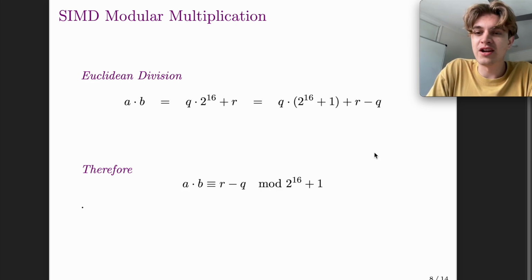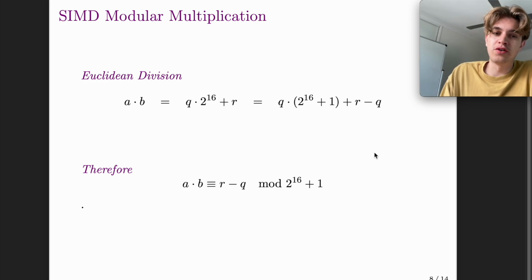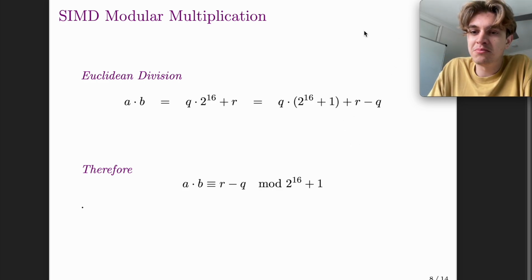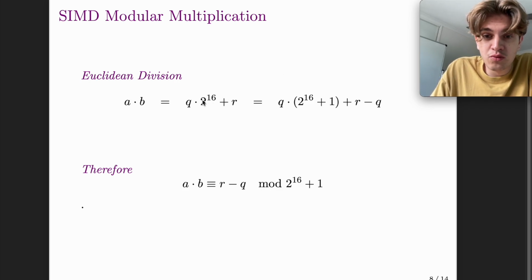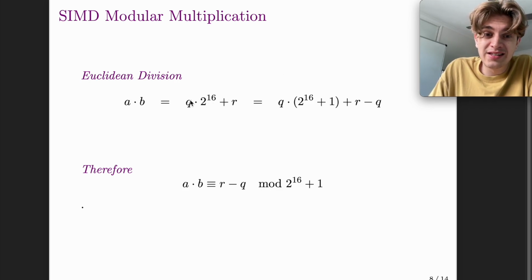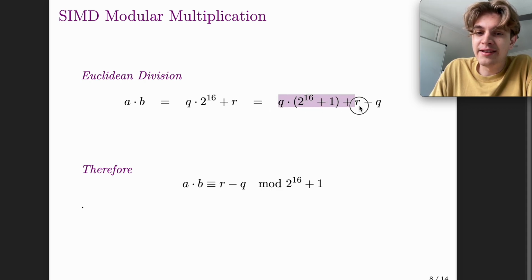To avoid an iterative algorithm, which could be expensive, we can notice that because my prime is 2 to the 16 plus 1, it's really close to a power of 2. So we can consider the Euclidean division of the product by 2 to the power of 16 and recover the quotient and remainder. If I add and subtract the quotient, I can get 2 to the 16 plus 1 to appear again.